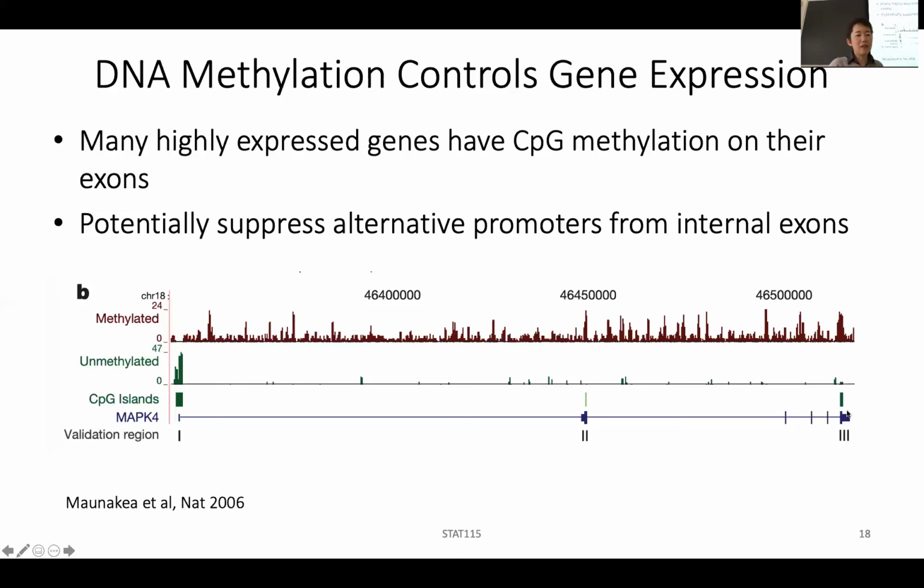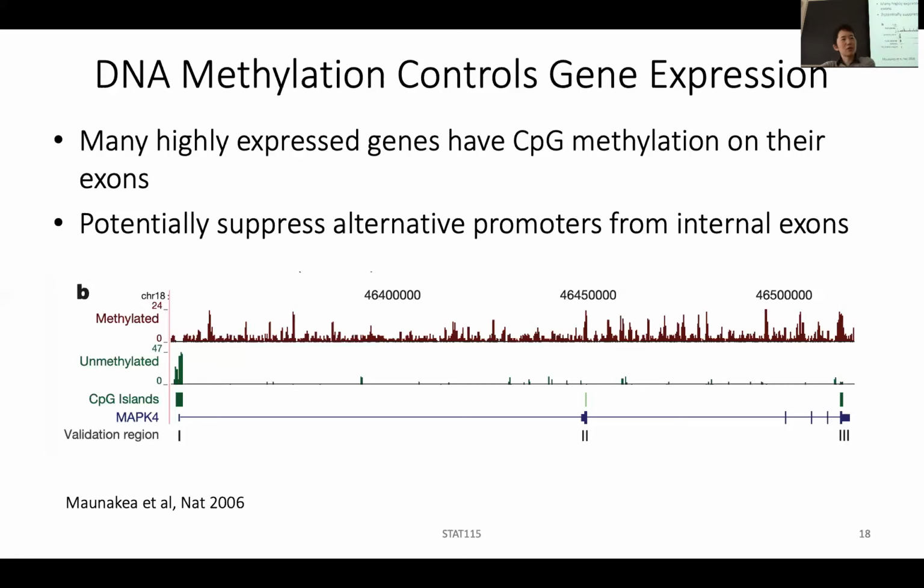Therefore, having the DNA methylation in those locations makes sure the cell knows where to really start. Because if this CpG island is methylated and this CpG island is methylated, the transcription start site will not go there. It will only start from the unmethylated promoter to transcribe.